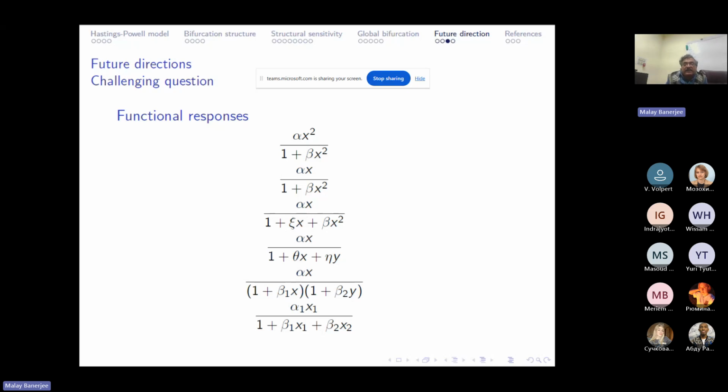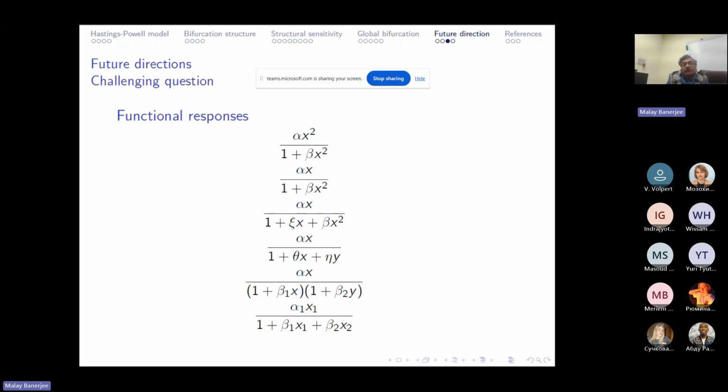Because in the literature I have searched, there is no such functional form equivalent to these functional responses. Of course, mathematically we can construct some functional form such that the property will remain invariant, and for an appropriate choice or estimation of the parameters, they will remain close to each other.